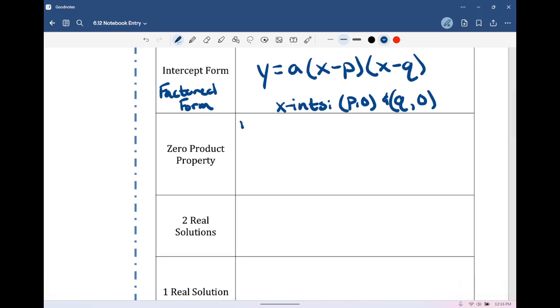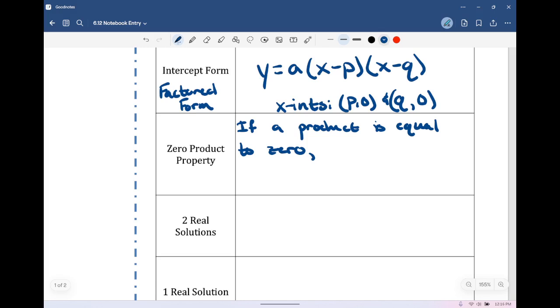And so this simply says if a product is equal to 0. P and q are just the letters that they use, and they are the numbers that stand in for our x-intercepts. And we'll see an example of that shortly. But if a product is equal to 0, and let's make sure we know, product implies what operation?